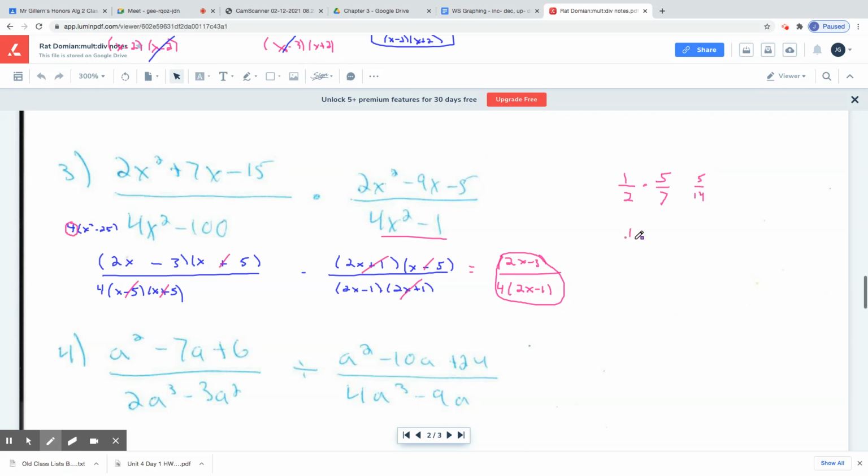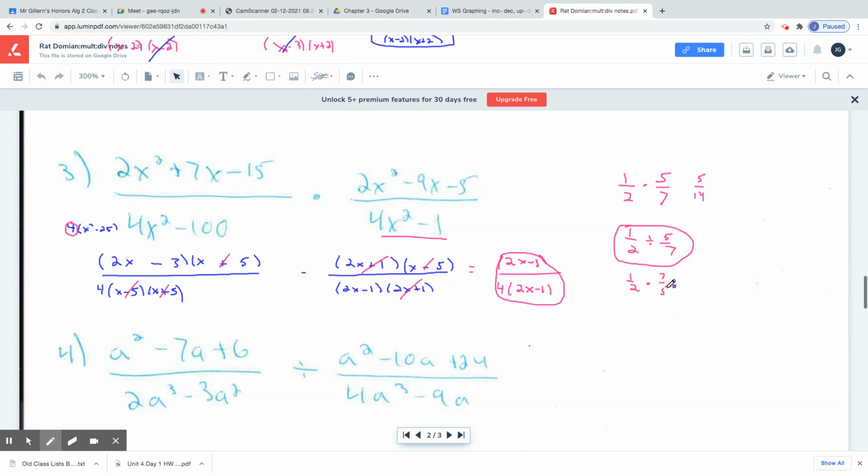But what if it's 1/2 divided by 5/7? When you divide fractions, you're multiplying by its reciprocal. If you guys remember, like keep, change, rearrange, that was like a thing. So basically, if I'm doing this problem, I would rewrite it as 1/2 times 7/5.